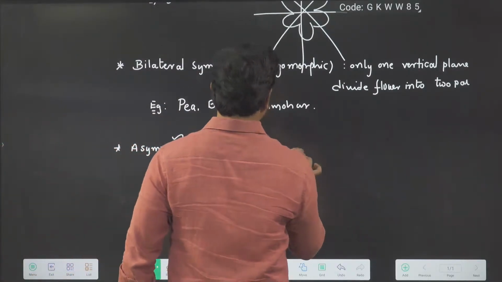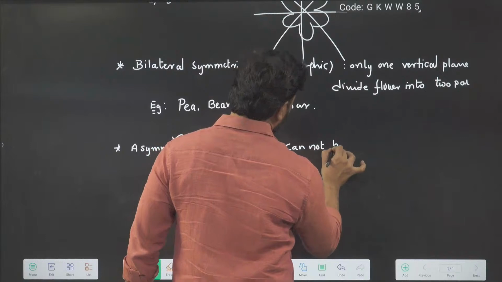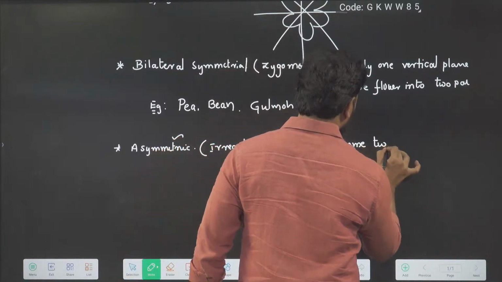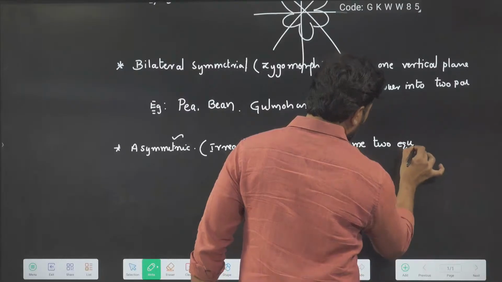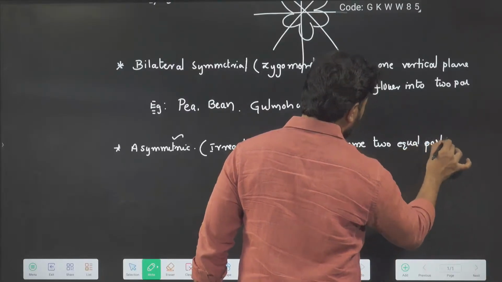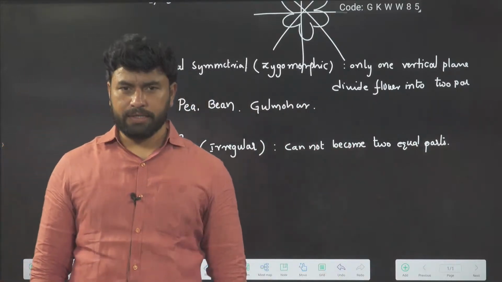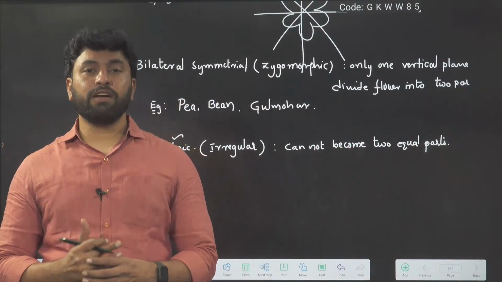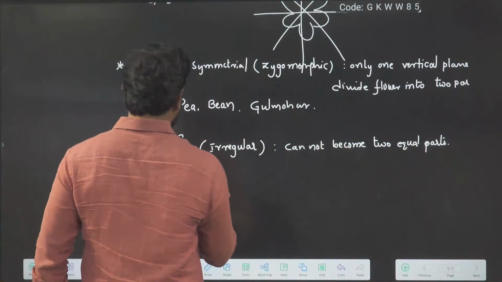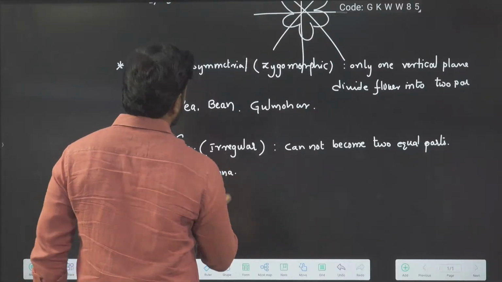Over there, it cannot become two equal parts. You cut the flower in any direction, it is never going to be converted in the form of two equal parts. Such kind of flowers are called irregular flowers. Best example of irregular flower, Canna indica.